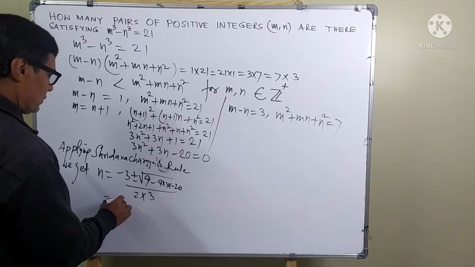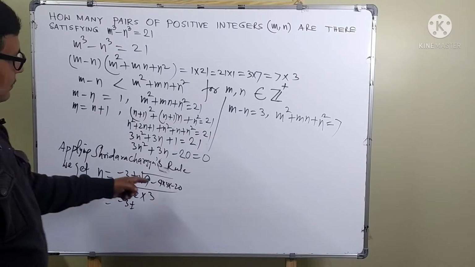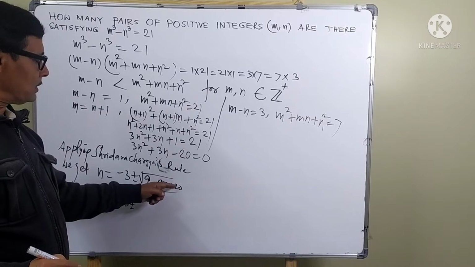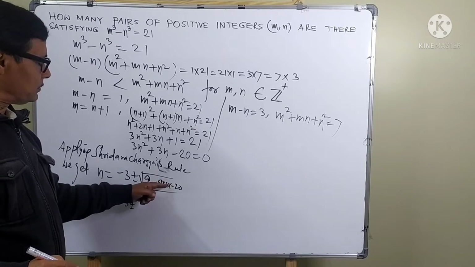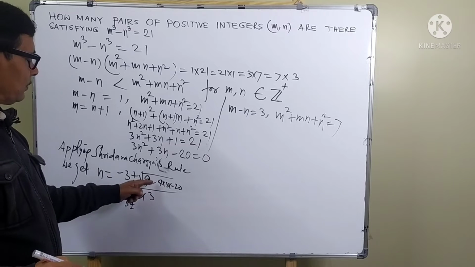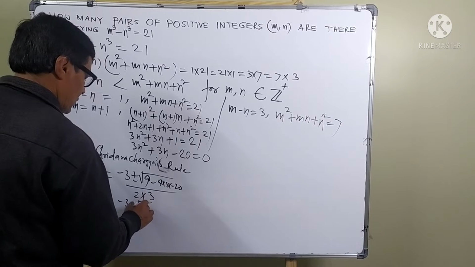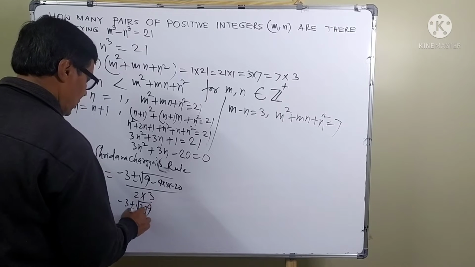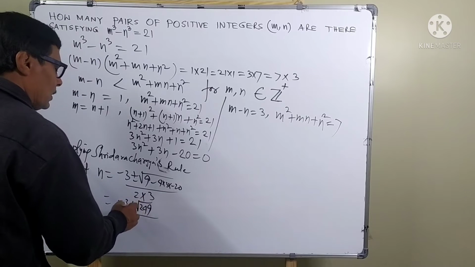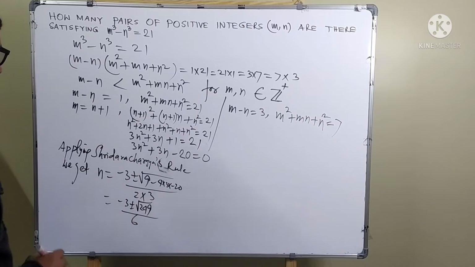So, minus 3 plus minus root over 9 plus 4 multiplied by 3 multiplied by 20, which is 240, so 9 plus 240 is 249, over 6.